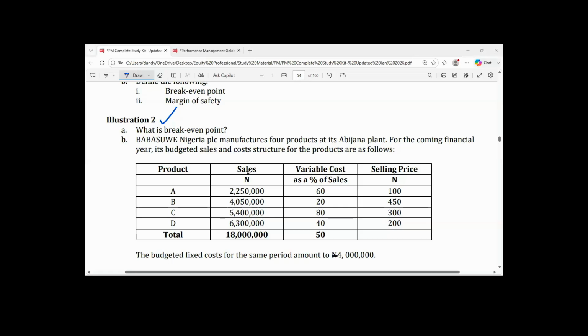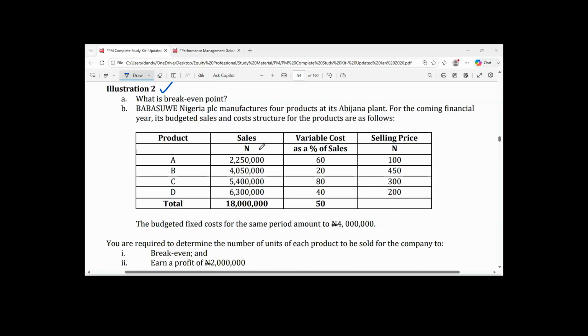Okay, if you are not there, Imam, read for us. Imam: So my network was bad. I can hear you. Oh, yeah, go ahead. Question what, sir? Illustration 2. Question 2. What is break-even point? Babasue Nigeria PLC manufactures four products.